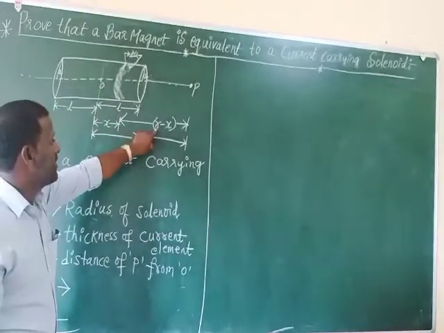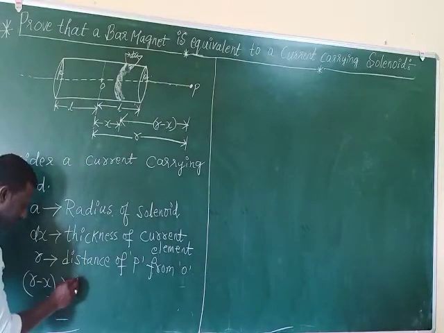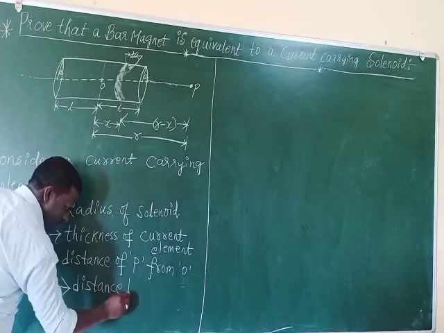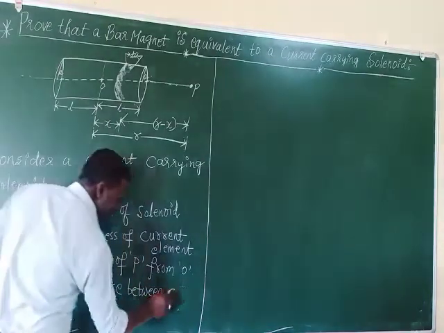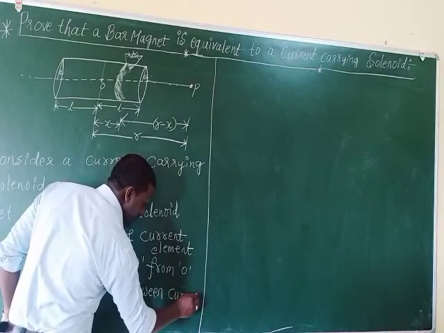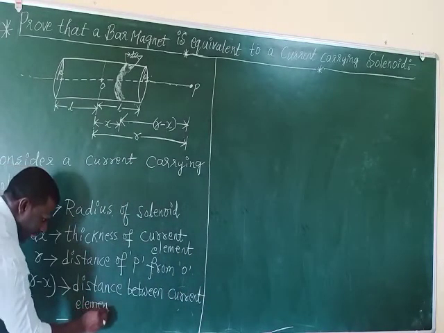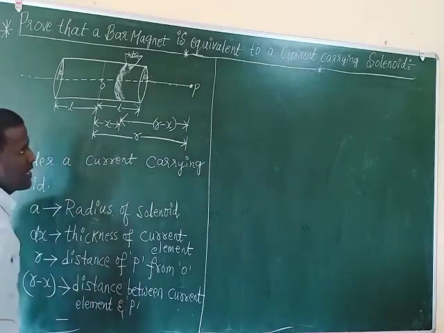R minus x is the distance between the current element and the point P. Right?